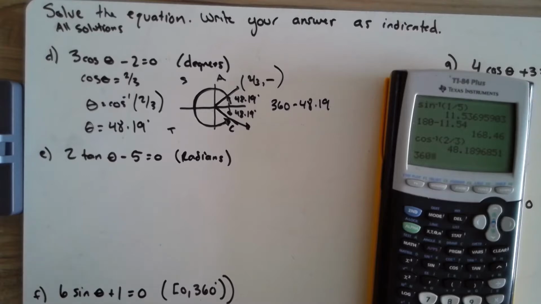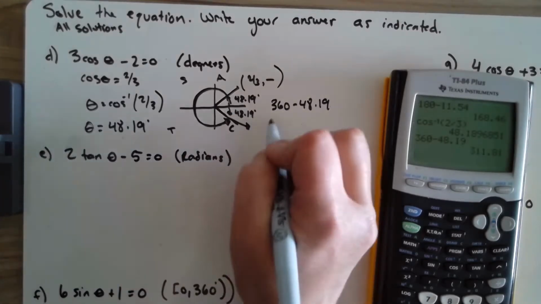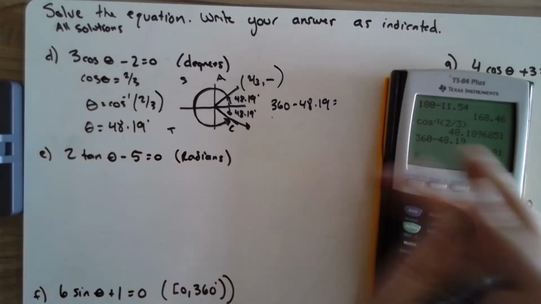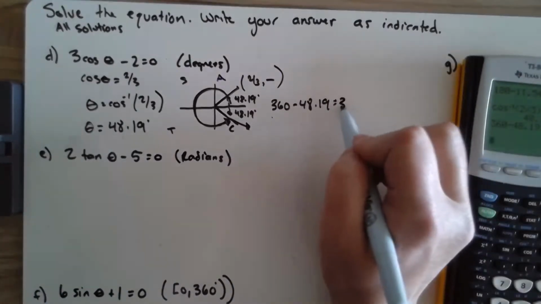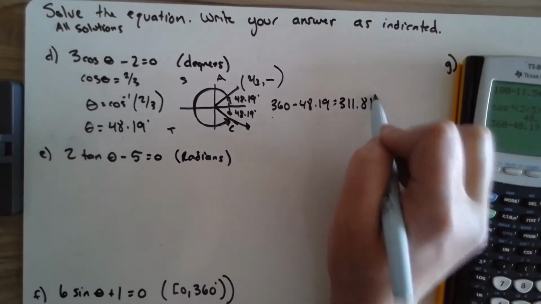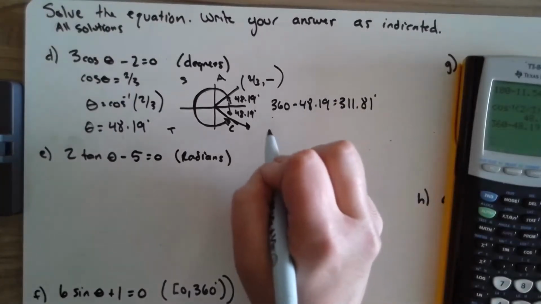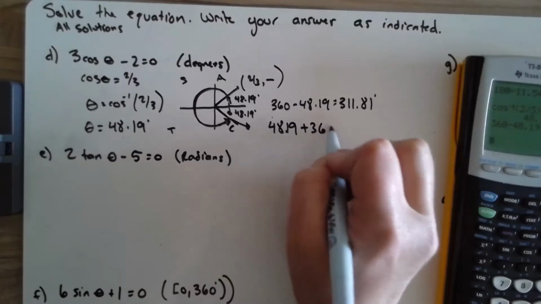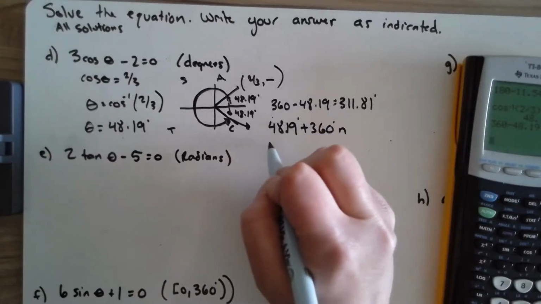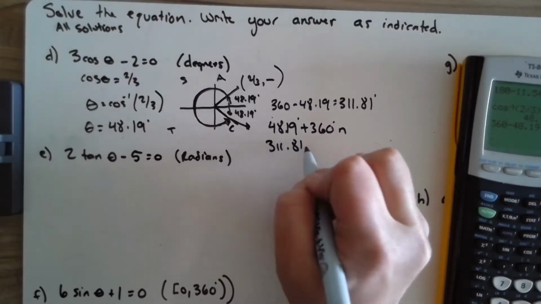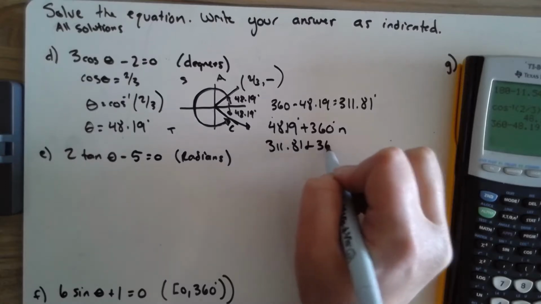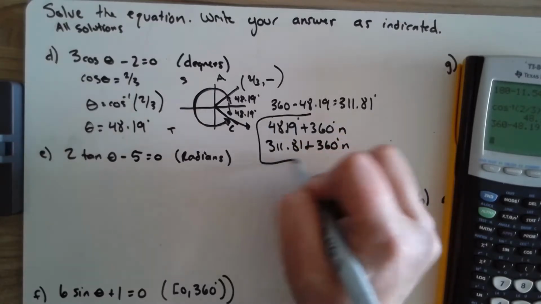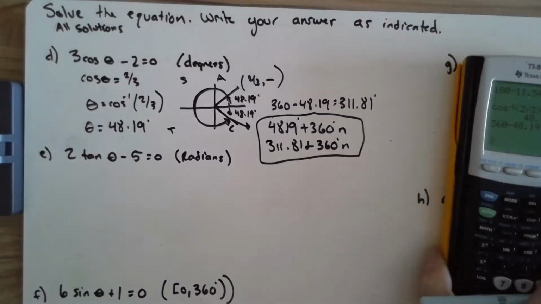So 360 minus 48.19, and we'd get 311.81 degrees. So my answer is 48.19 plus 360n, and 311.81 plus 360n. Okay, so far so good, hopefully.